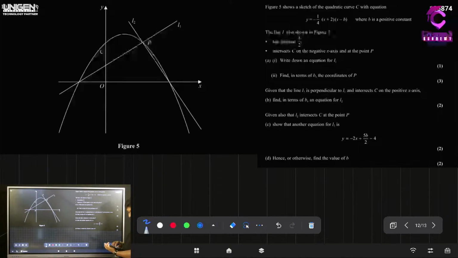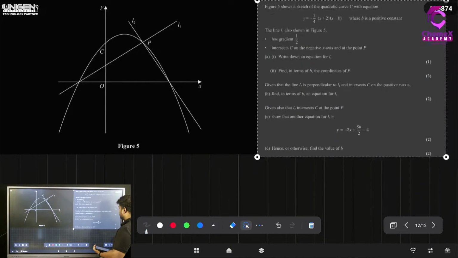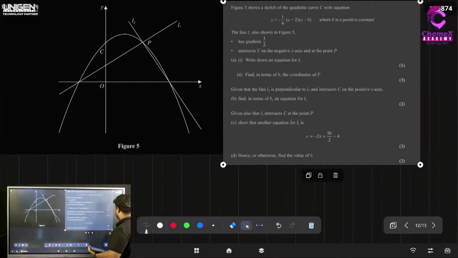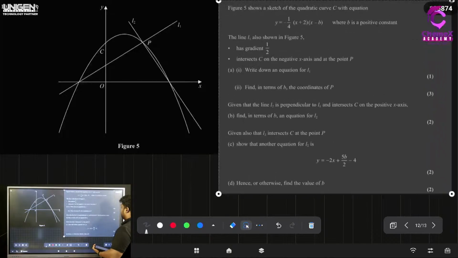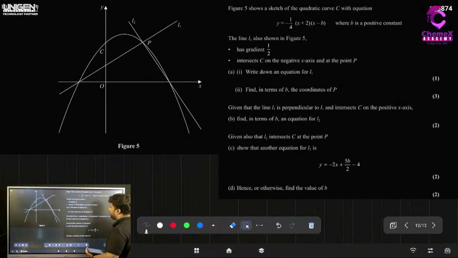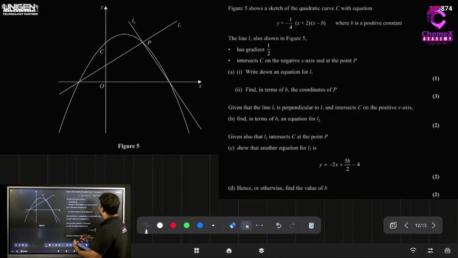Alright, next question is about straight lines. So they have given, hope you all can see the screen. Shall I make it larger? Hope now it's clear, right? Okay.